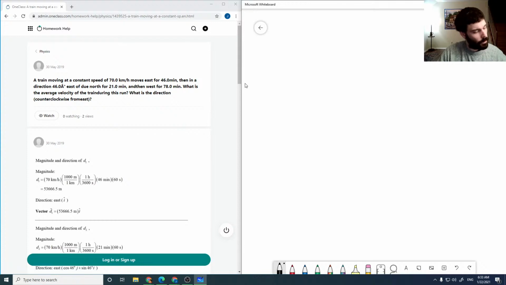Alright, so here we have a train moving at a constant speed of 70 kilometers per hour. We might as well move this into meters per second, just because that's what we tend to work with here.